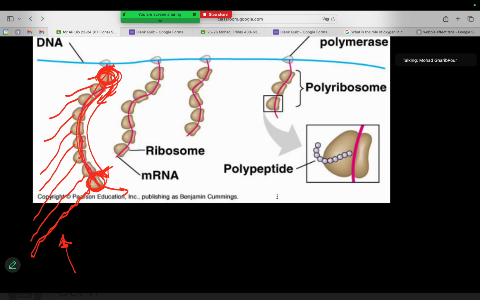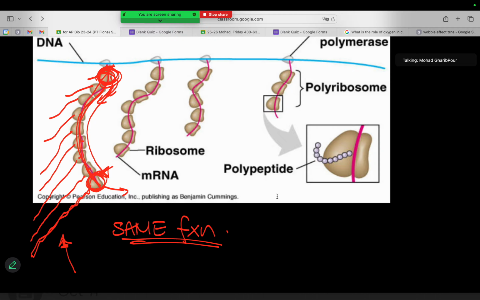Any other questions? Does this make sense? Wait, so will all of these proteins be connected at the end later? Or they just do different functions? Not necessarily. They won't do different functions. They're all the same function because they're the same protein. They have the same sequence, so they're essentially the same thing. So they have the same function. But they don't necessarily connect with each other.